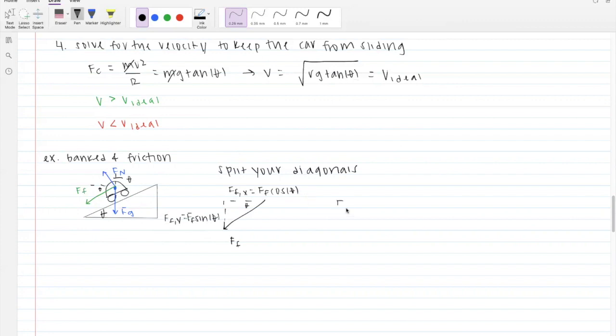Then we have our normal force. The x direction is equal to Fn sine theta, and its y component is equal to Fn cosine theta.